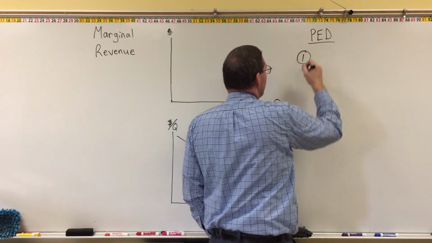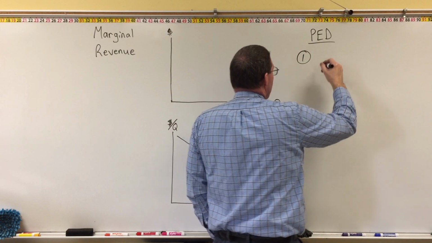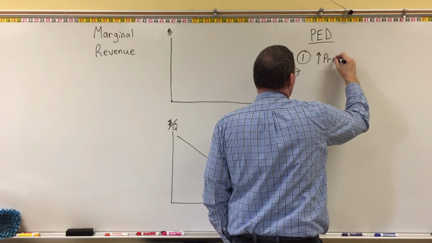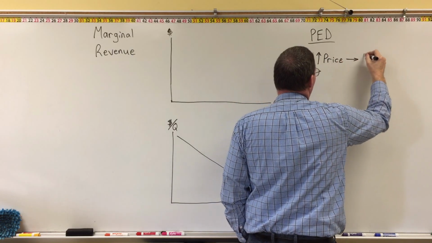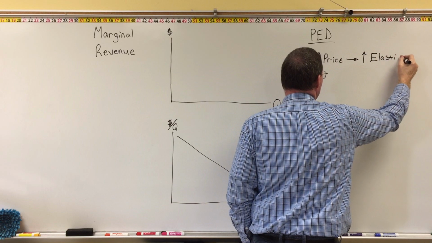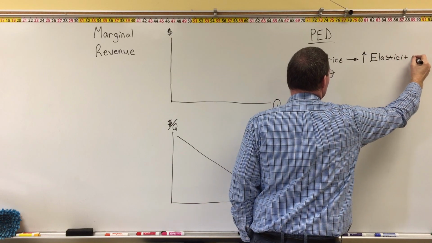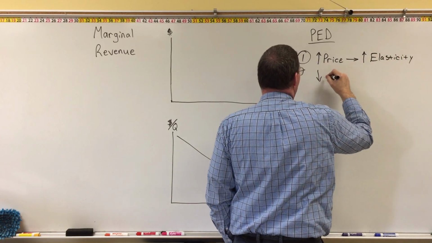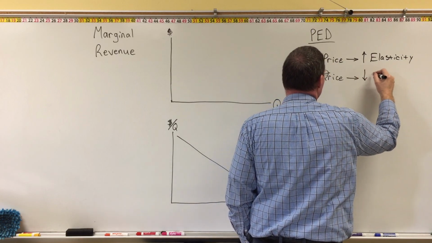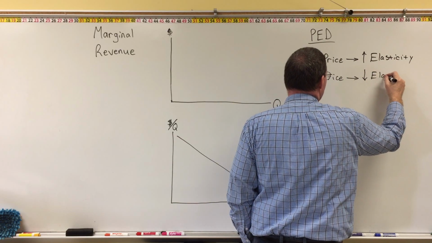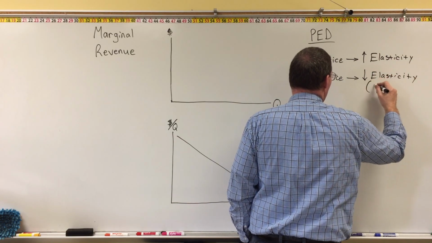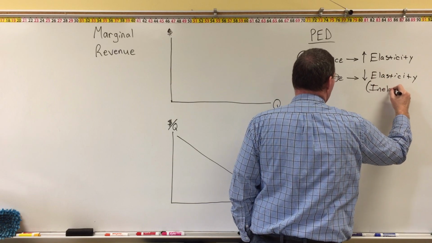The first is that typically a higher price leads to a higher elasticity, which also means that a lower price on a product typically results in a lower elasticity, or what we'll call inelastic.